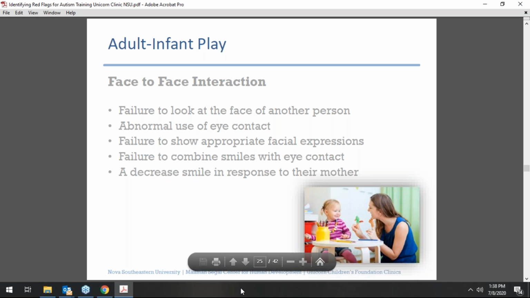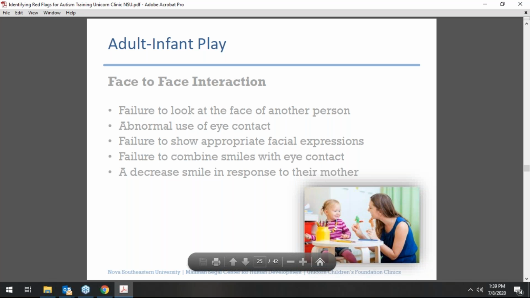Usually when you're playing with a child, maybe you're playing peekaboo, you have that blanket over your head and you look at the child, you pull it down and you look at the child and you smile. So a lot of the times you might see that they have difficulty integrating smiles with eye contact. They might just smile, but they don't necessarily pair it with eye contact.